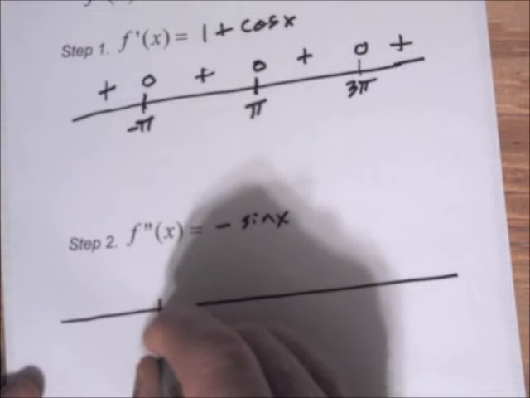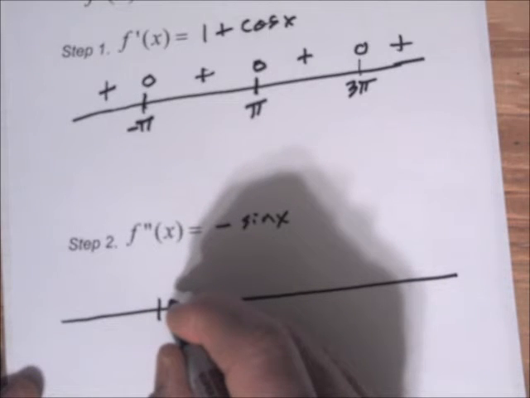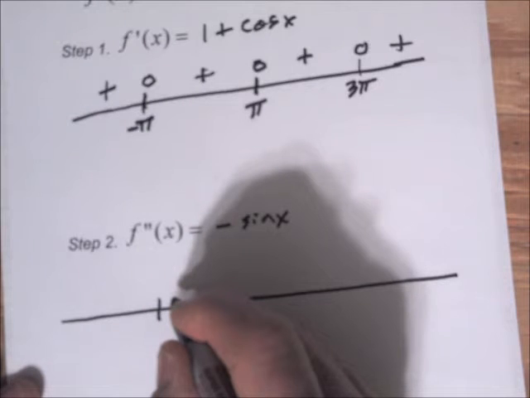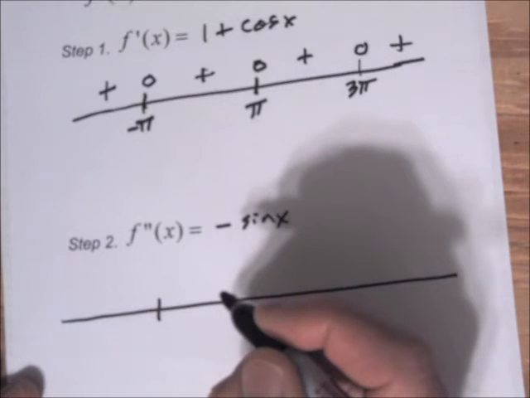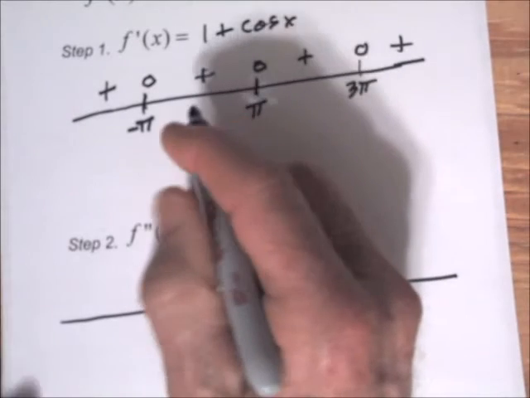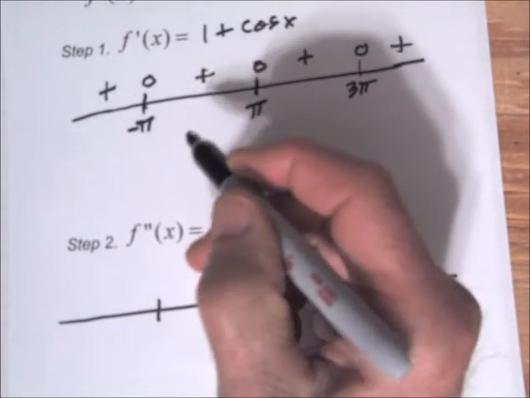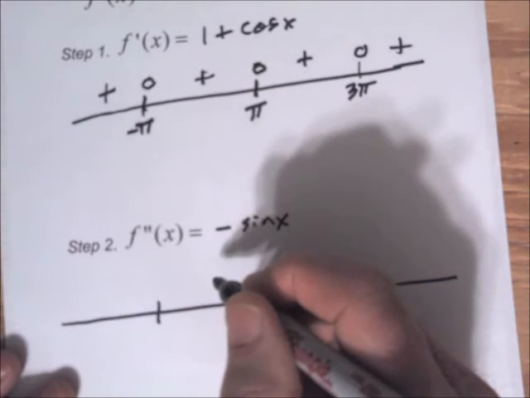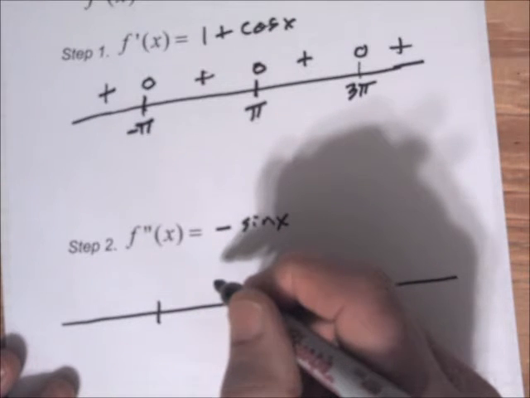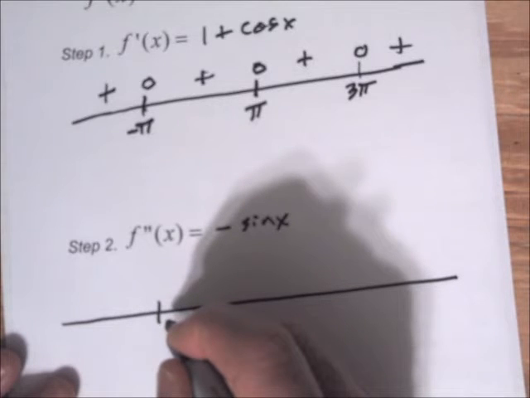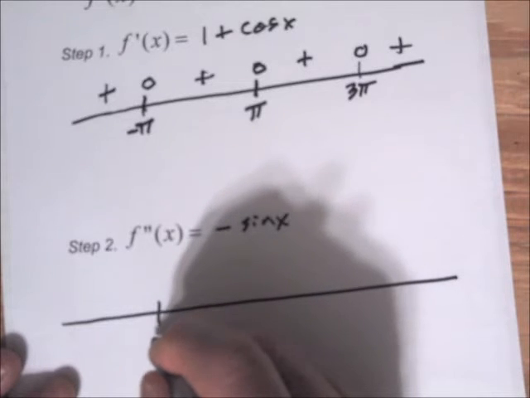Okay, so it's going to be 0 at all multiples of pi.